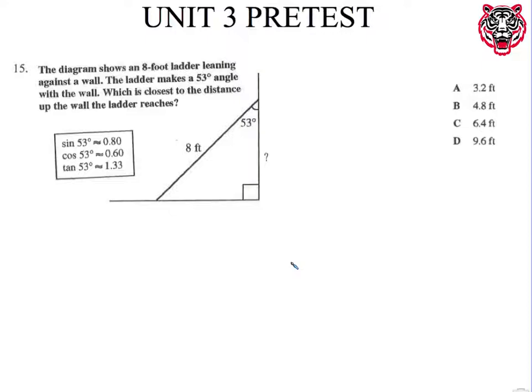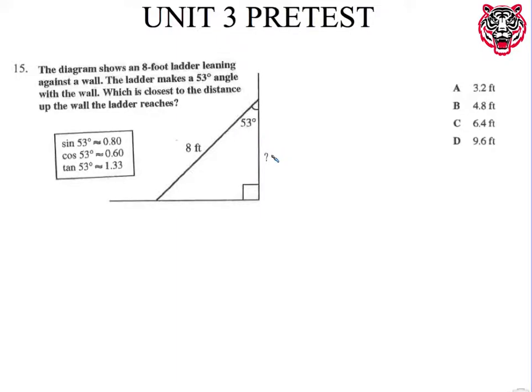The diagram shows an 8-foot ladder. All right, go ahead and draw this triangle in our notes. So which is closest to the distance up the wall? So this is our measurement that we're trying to find. In terms of this angle, this is our angle of reference.